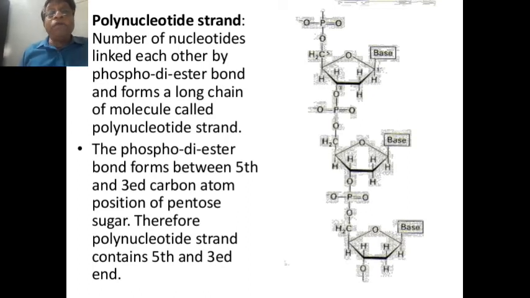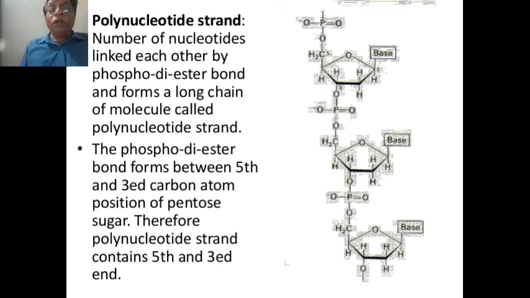Two nucleotides are linked to each other by the formation of another bond called phosphodiester bond. So thus a long chain of polynucleotide strand is formed.